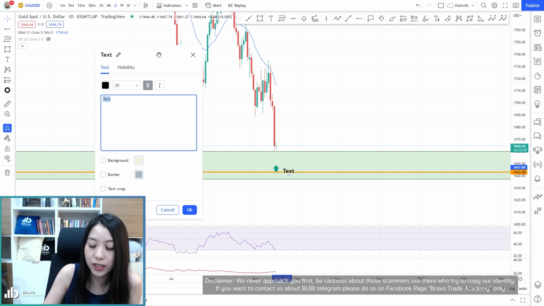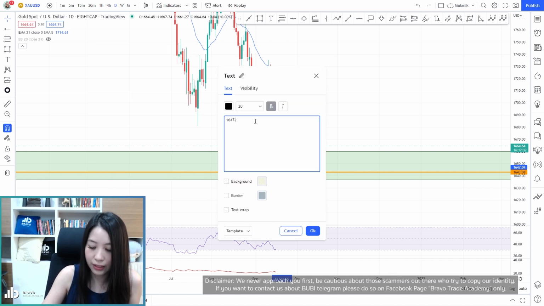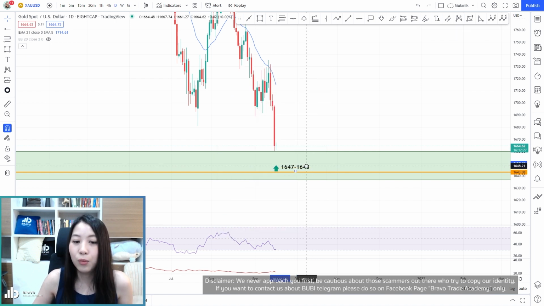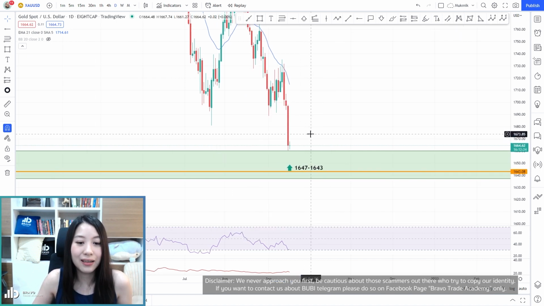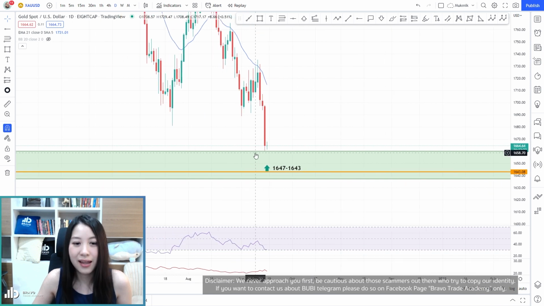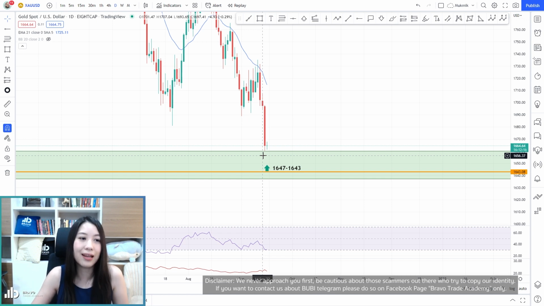So the price could go back down to around 1647 to 1643. Okay, so that would be the only buying plan that I would tell you, because the closer plan is still very dangerous, because that's going against the trend.